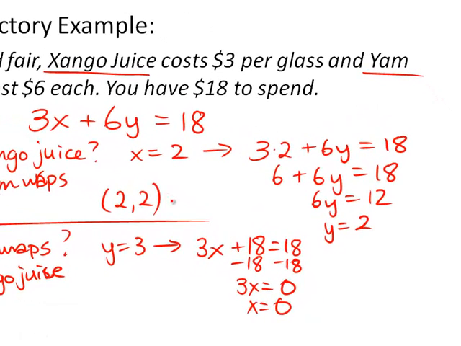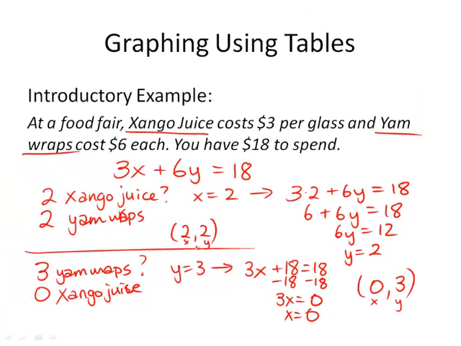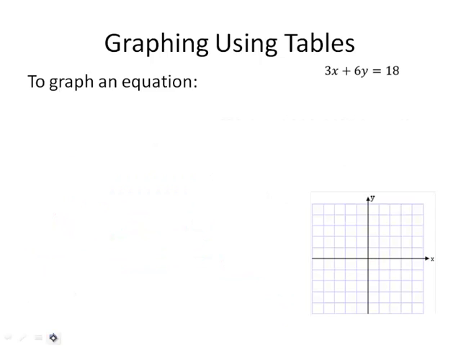So here's yet another coordinate point that came out of this, which would be 0, 3. Notice I'm putting my x first and my y second. So those are 2 possible points, but there are many more. So let's take this equation and graph out all the possibilities of purchasing combinations of yam wraps and Zango juices with the money that we have.